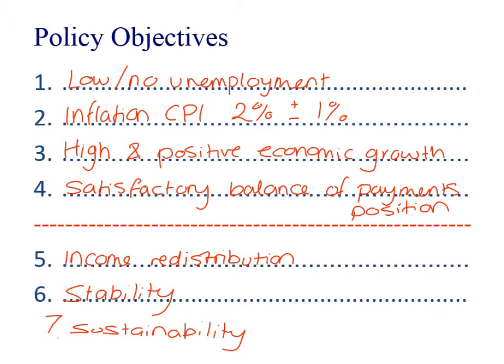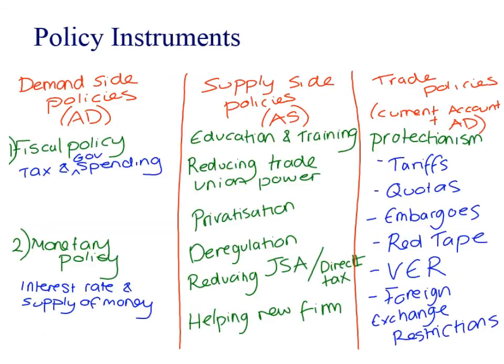We may aim for income redistribution as well, a more equitable distribution of income. We want stability, and I've added this on the bottom, we might want sustainability, meaning sustainable economic growth. So we don't just want it to be as high as possible, we want it to be sustainable as well. That's more about increasing aggregate supply.